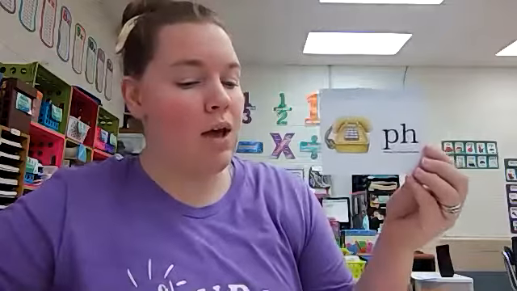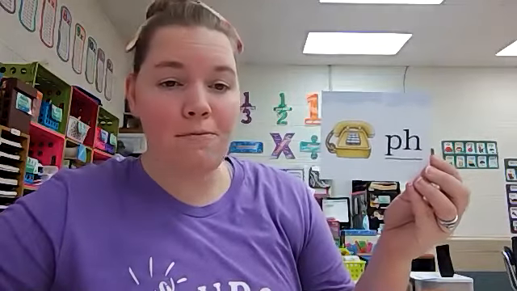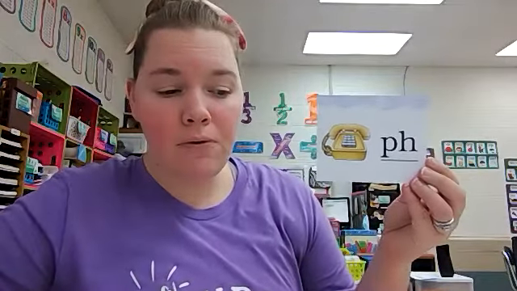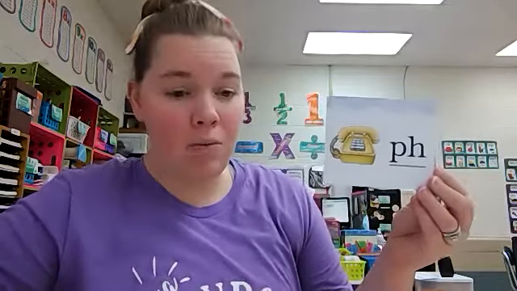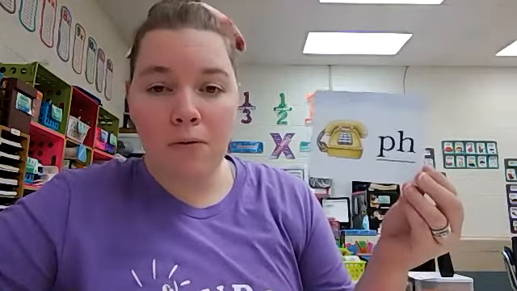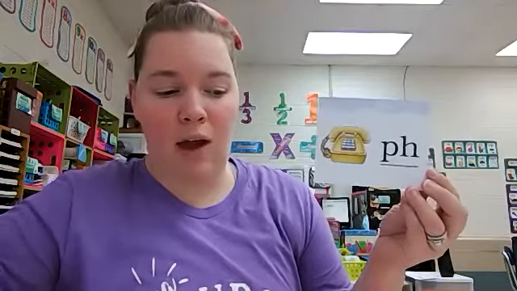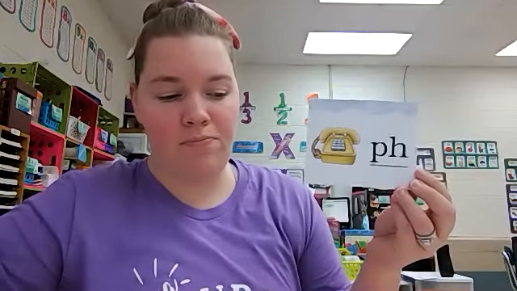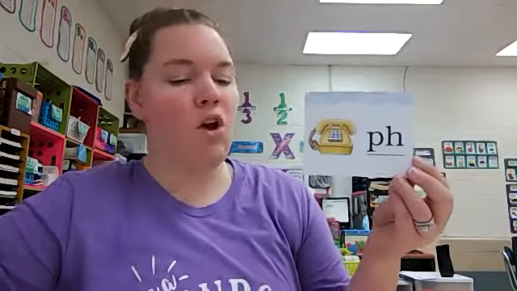It rings when it is ready. It is a phone. When you see this card say phone. The keyword phone helps us remember the sound spelled with digraph PH. Words with digraph PH are easy to read, but they're harder to spell since they're irregular. So we're going to have to memorize them, like phone.